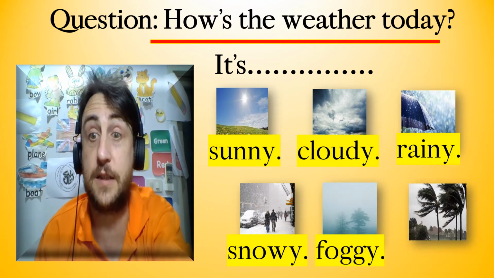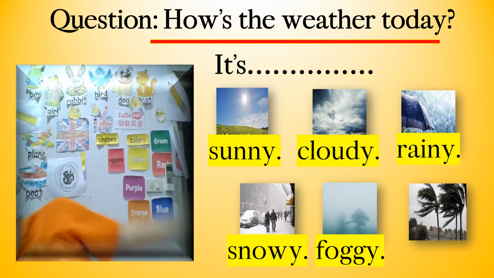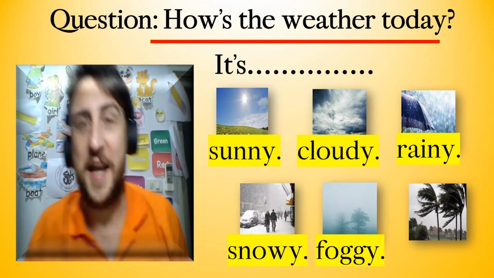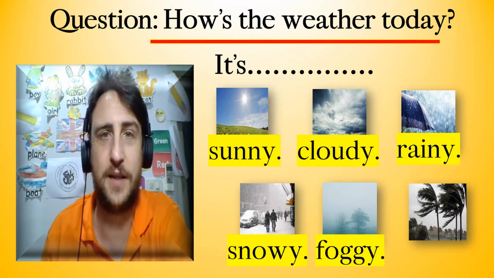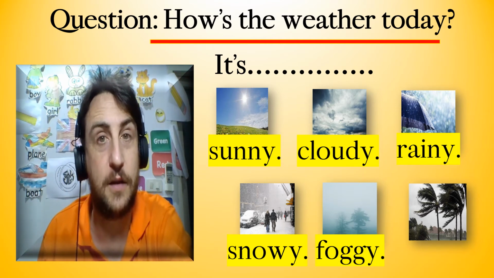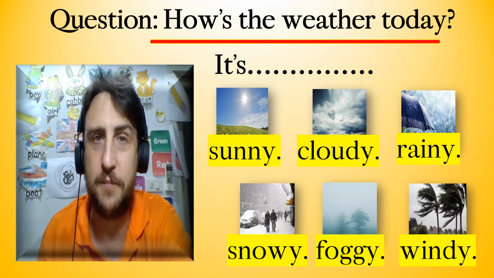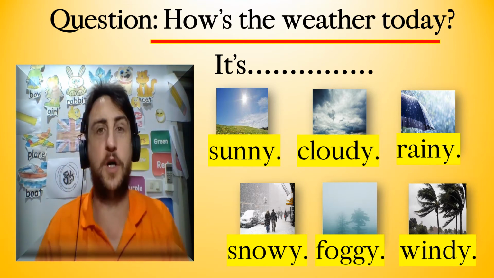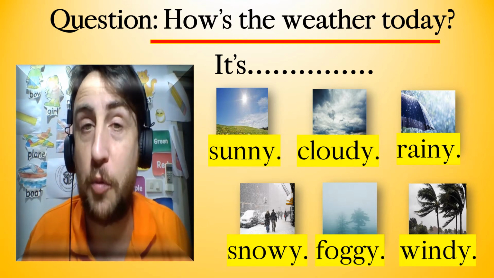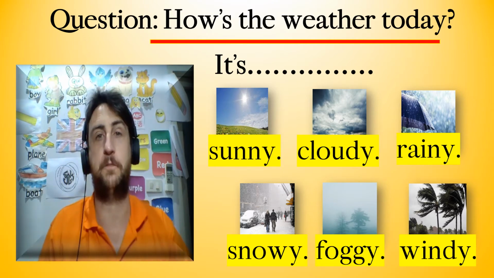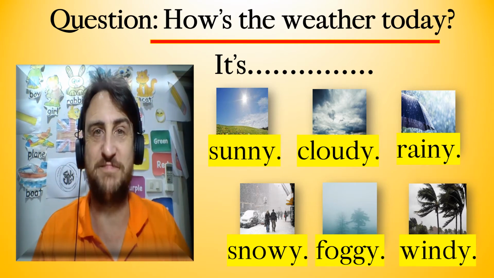And number 6. How's the weather today? It's windy. Okay, so these are our 6 weather words and our question number 1 and answer for Unit 2. Let's move on.